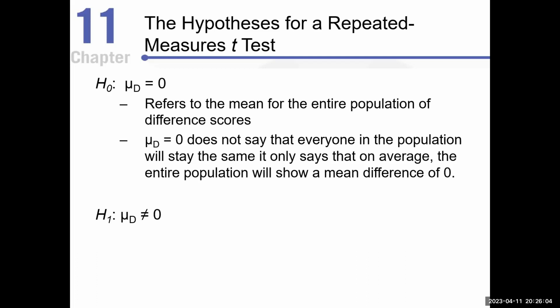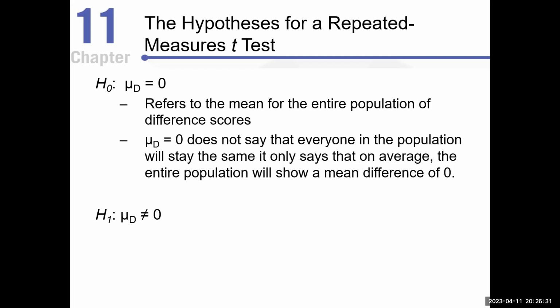This refers to the mean for the entire population of difference scores, right? Because remember, when we are using samples, we're making inferences to the overall population. That's why we use the mu for the population. The mean difference equals 0 does not say that everyone in the population will stay the same; it only says that on average, the entire population will show a mean of 0.